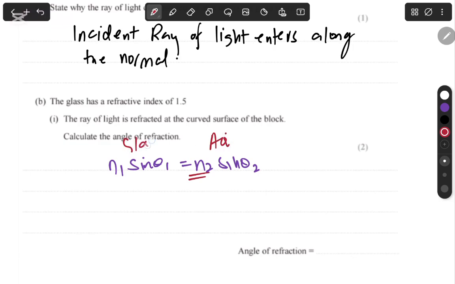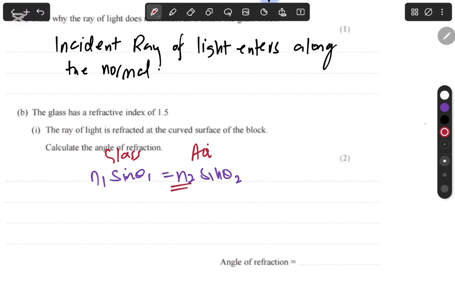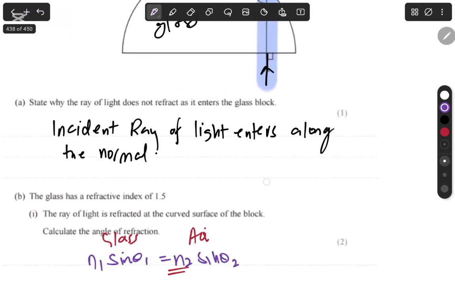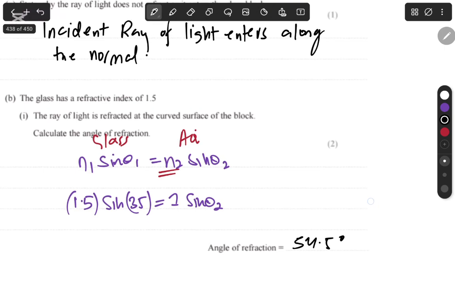In the glass the refractive index is 1.5, the angle is sine 35. Then we have air, refractive index as 1, and sine theta 2. Then you solve for theta 2 and you're going to get 54.5 degrees as your answer.